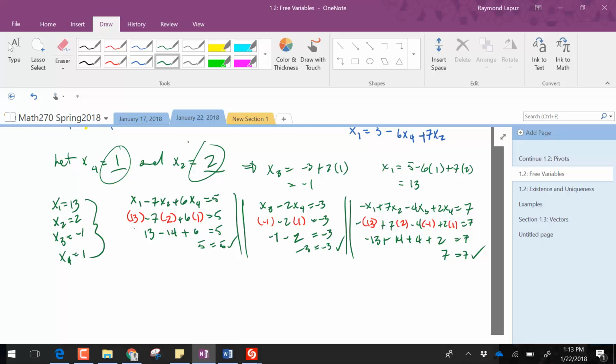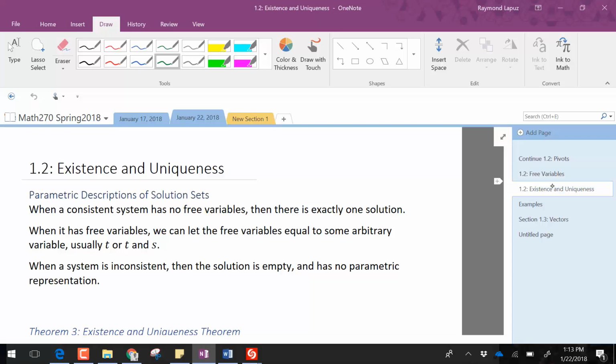So the idea of a free variable will be important for us. On the next page over here, it talks about parametric solutions for your equation. When a consistent system has no free variables, then there is exactly one solution. We'll see that in the existence and uniqueness theorem coming up next. But when it does have free variables, you can let the free variables equal any arbitrary value you want.